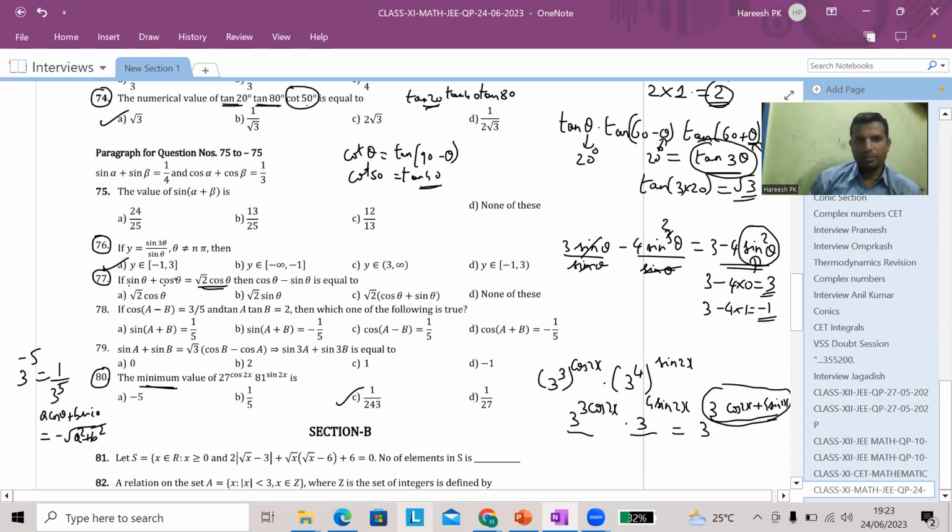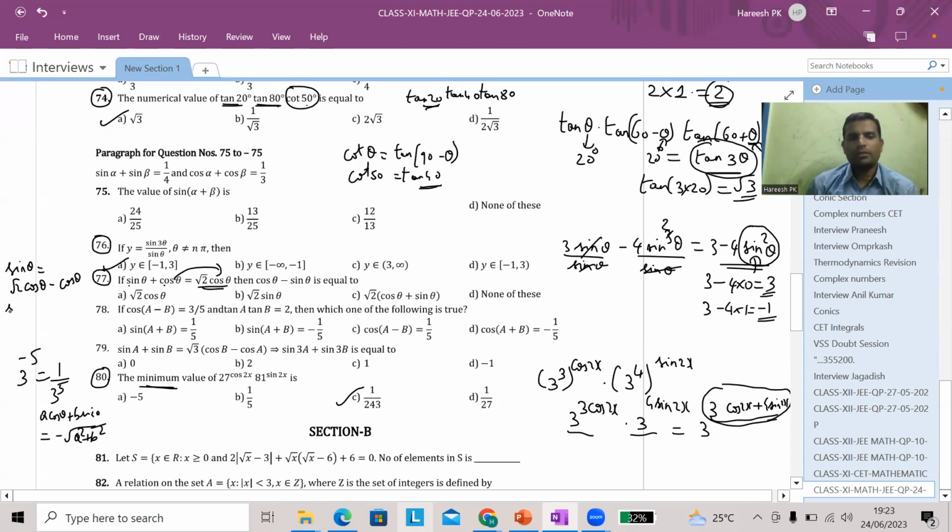So when I transpose cos theta to this side, I'll write here, sin theta equals root 2 cos theta minus cos theta.